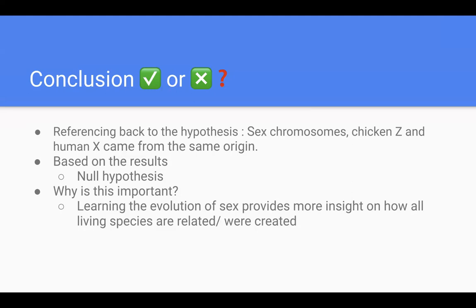Even though the hypothesis was not supported, this research is still important in terms of understanding the theory of evolution, the idea that all species have evolved over many generations. This research gives us more information on how living species are related and how they are created. With this in mind, we can explore future ideas.